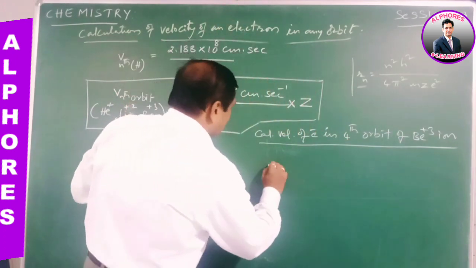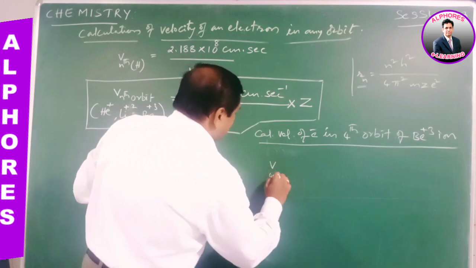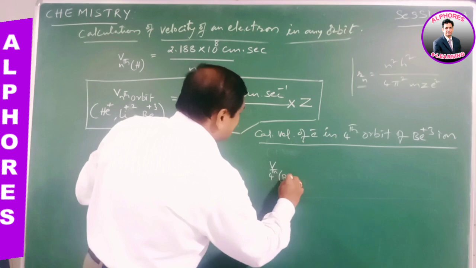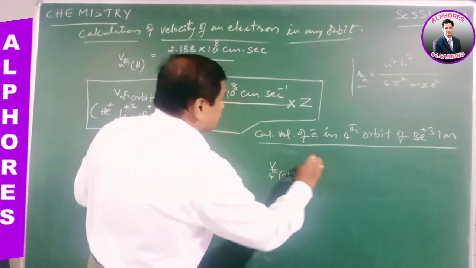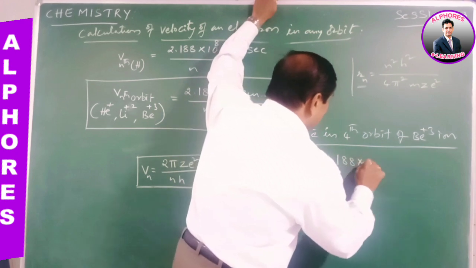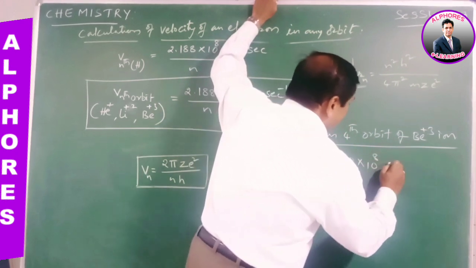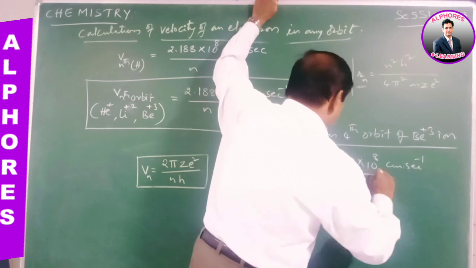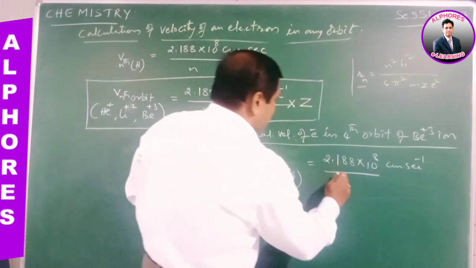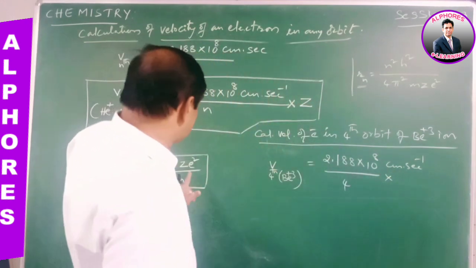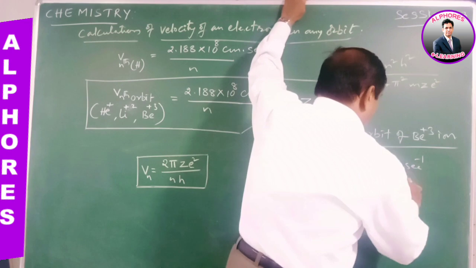Now substitute. The velocity of the electron in the fourth orbit of beryllium 3+ is equal to 2.188 × 10^8 centimeters per second, divided by 4, into Z. The atomic number of beryllium is 4.